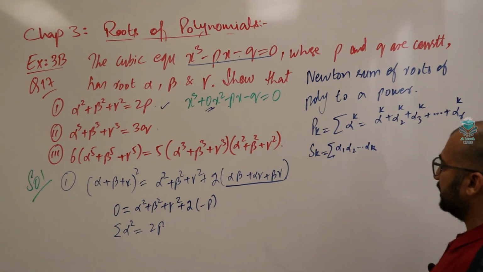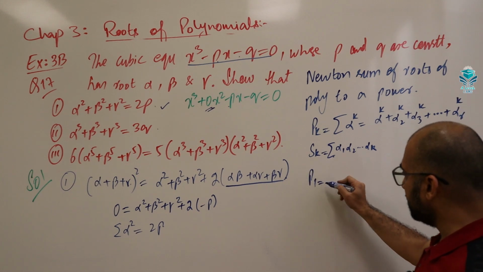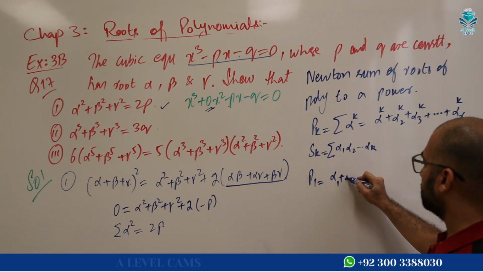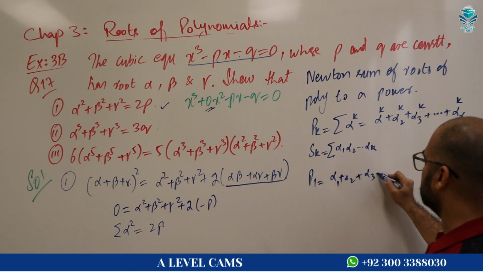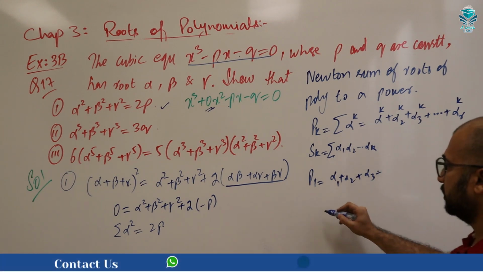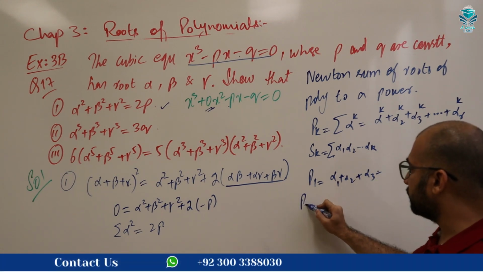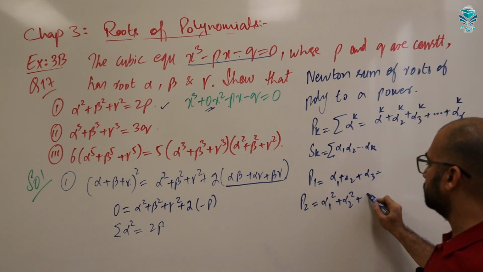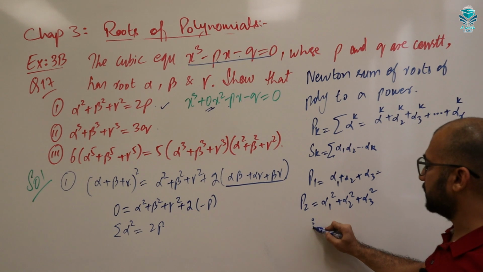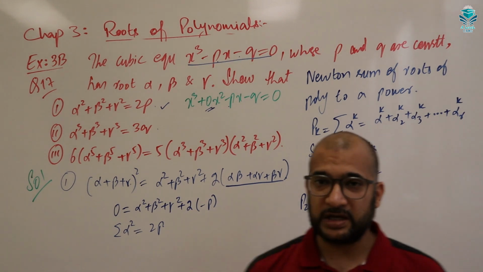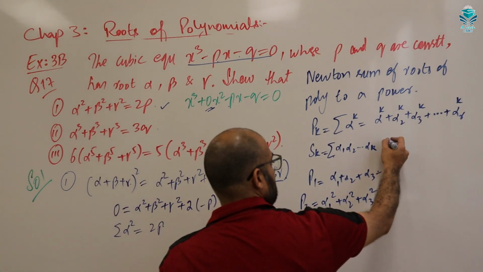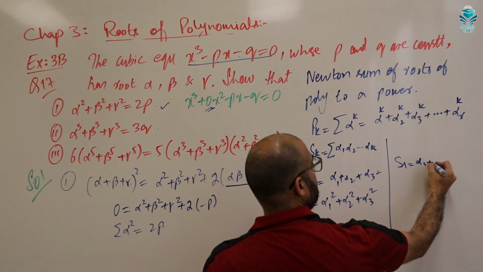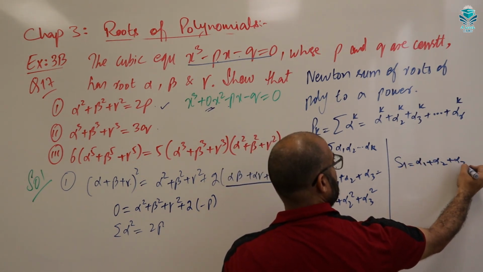Okay. So let's say if I write down p1, it means alpha 1, alpha 2, alpha 3. Let's say we have three roots. For our simplification, if I write down p2, it is alpha 1 square, alpha 2 square, alpha 3 square and so on. Similarly, S1 is the same, alpha 1, alpha 2, alpha 3.